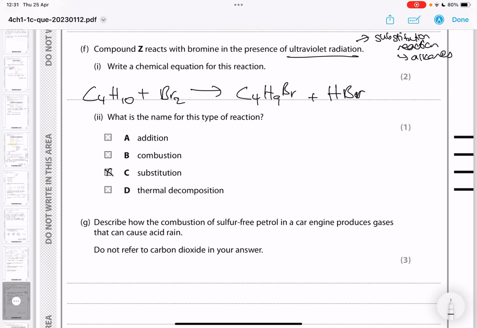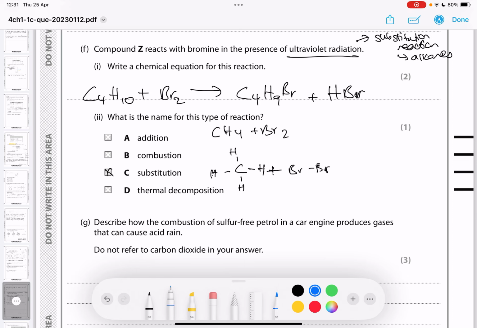Okay, so I'm going to react methane with bromine, okay? Now, if we draw a displayed formula of methane and bromine, what happens is this bromine atom replaces one of the hydrogens. So I'm going to pretend that it replaces this hydrogen atom, okay?